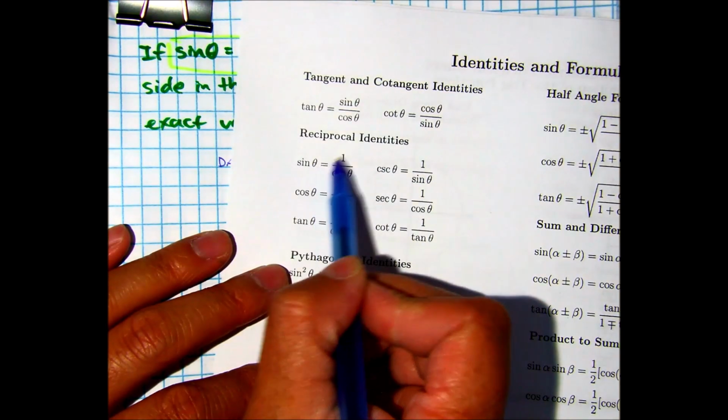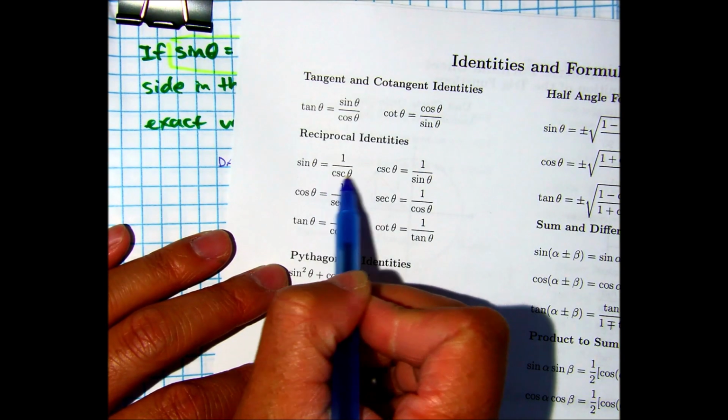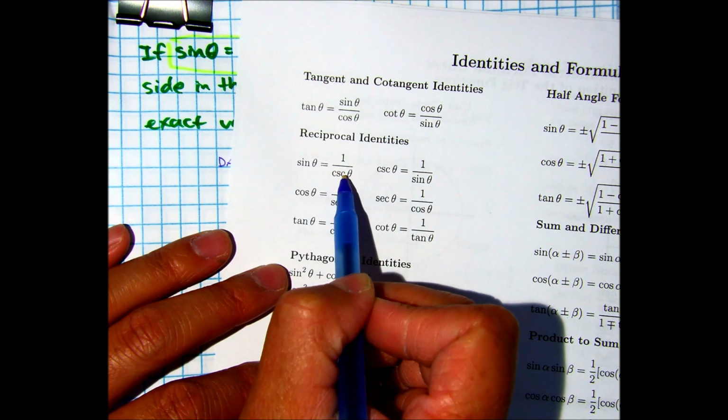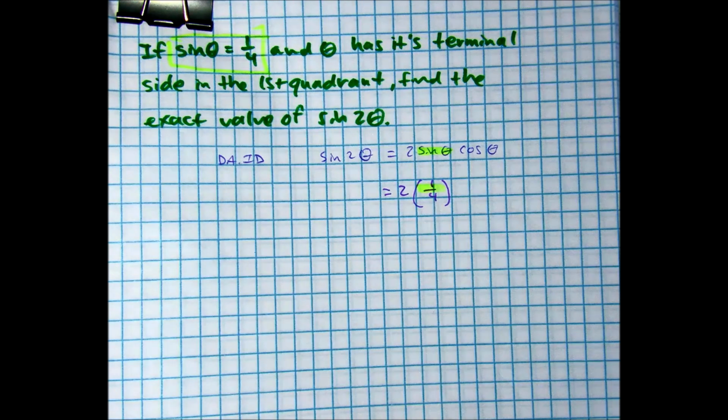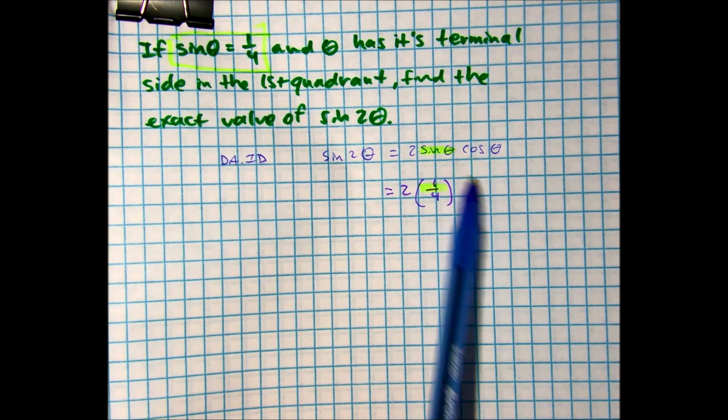Sine equals 1 over cosecant, but remember cosecant is not secant and it's not cosine. So we can't use that one. So no cofunctions, no reciprocal identities. Ethan. Do you know an identity that can help us find cosine given sine?